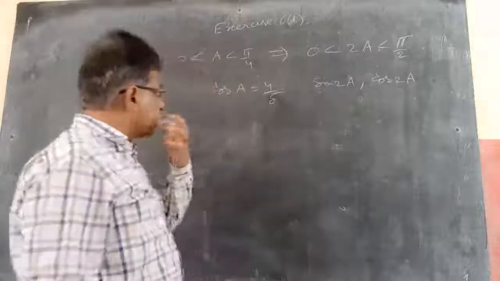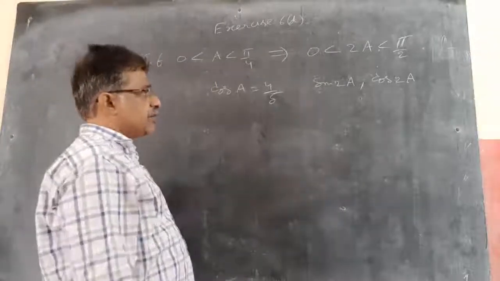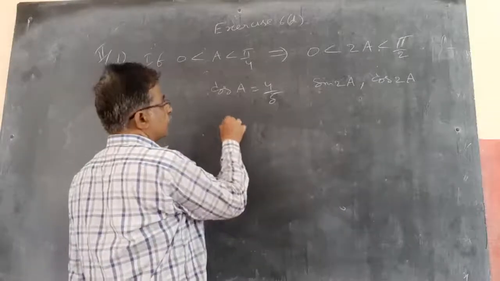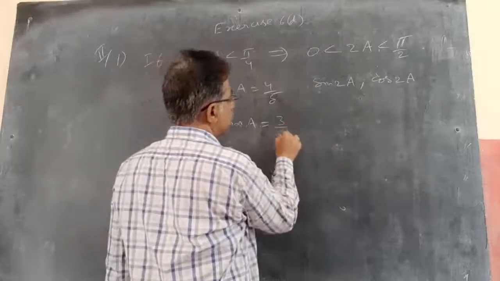Very simple. Whenever you have cos a, you can find sin a and you can find sin 2a. So cos a equal to 4 by 5 means, using Pythagorean triplet, sin a equal to 3 by 5.